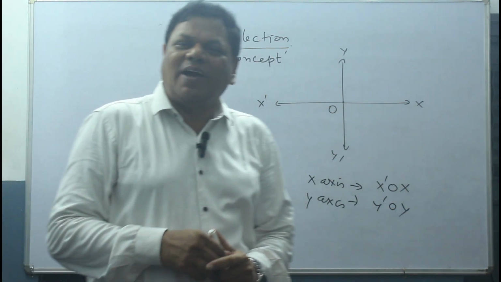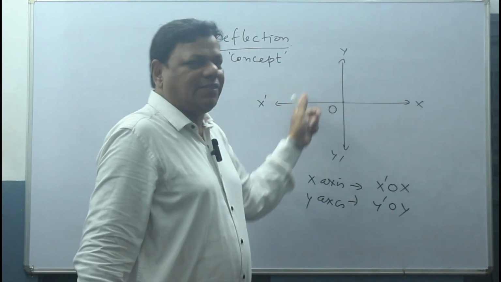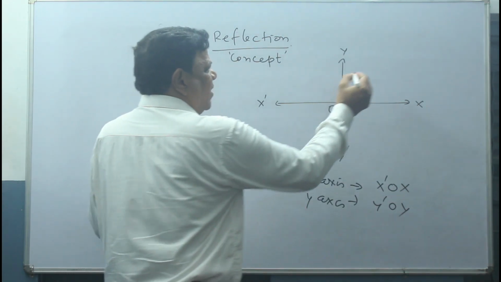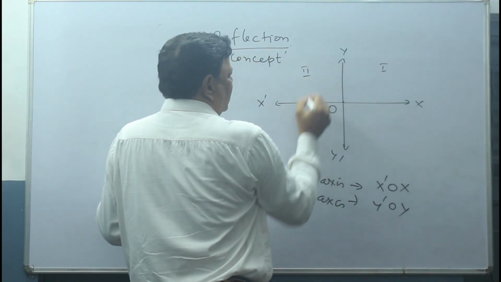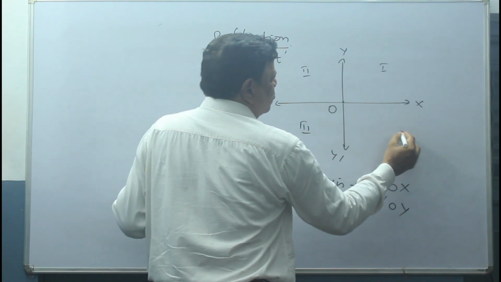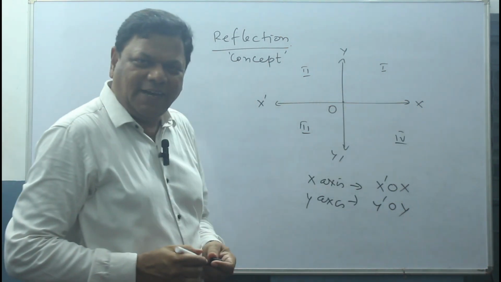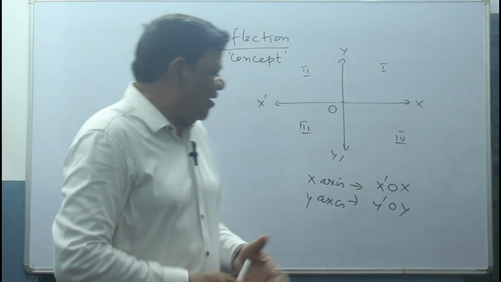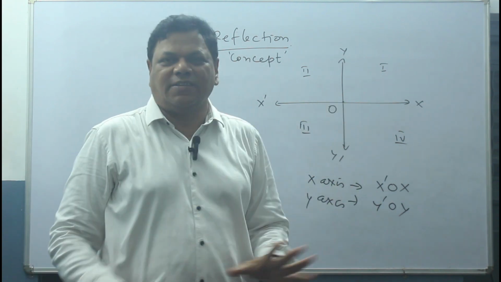So there are the x-axis and y-axis, and there are four quadrants. This is the first quadrant, this is the second quadrant, third quadrant, and the fourth quadrant. Okay children, there are four quadrants, all these are axes, and this is called the origin.